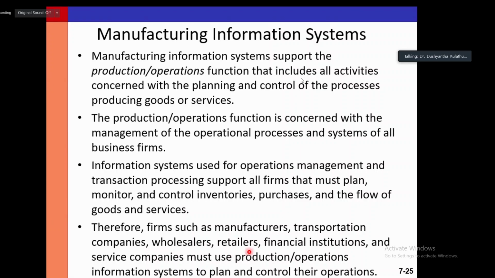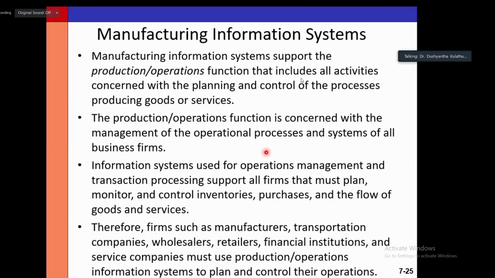Now, they are service related organizations. So these operations information systems can be relevant for these service sector organizations to plan and control their day-to-day operations. But in a manufacturing setup, the manufacturing information systems can support the planning and control of the production process. So this is in relation to the manufacturing function in general, but in a service organization we will not have a manufacturing function.